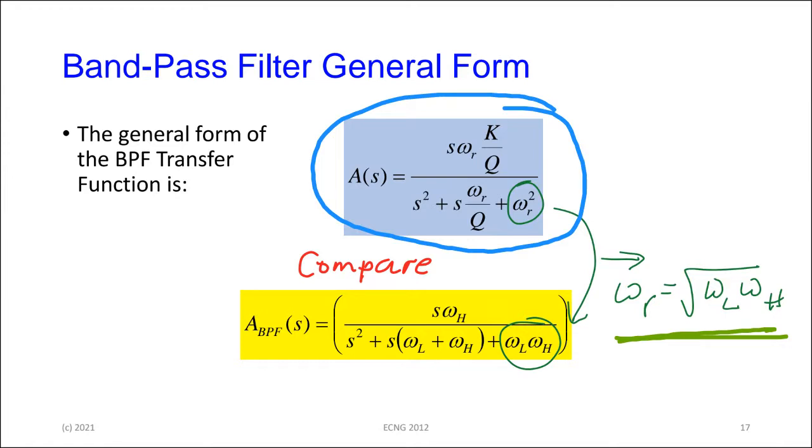Remember omega H is the low pass filter response, and that's 1 over R1C1. And omega L is the high pass filter cutoff, and you determine that by 1 over R2C2. So you have control over all of that. As before, the design approach is to pick both, and you just put in the values and you have your circuit design.